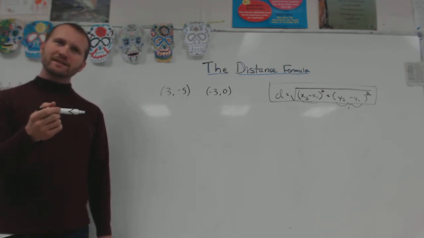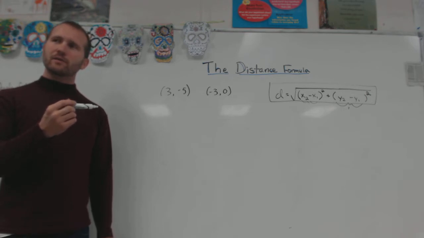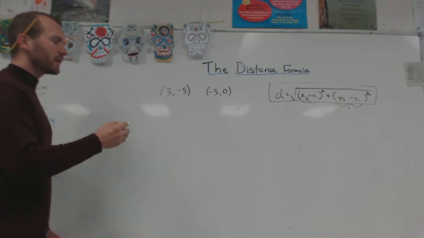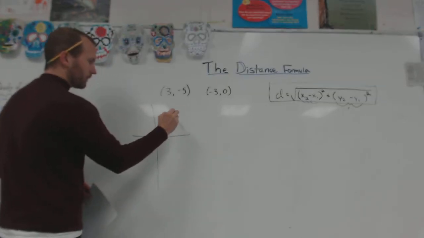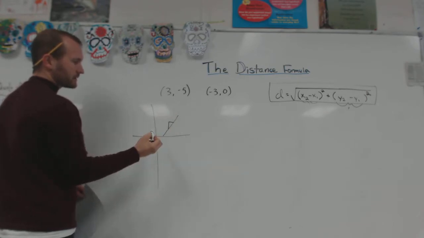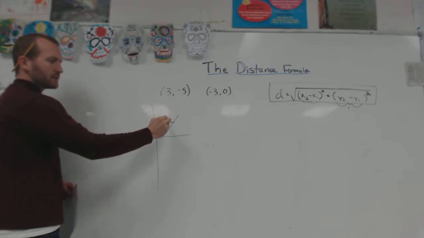And if you think about it, this is fairly related to the slope. It's just that we don't care about the ratio between them. So when we're figuring out the slope of a line, we did the same thing, right? The slope is like this divided by this. Change in y over change in x. So that's the same.